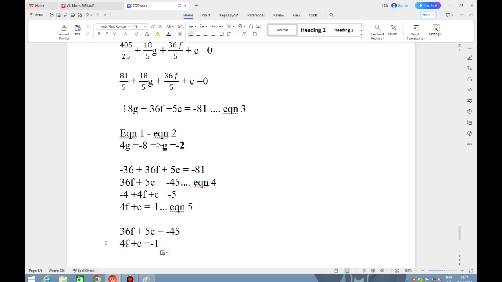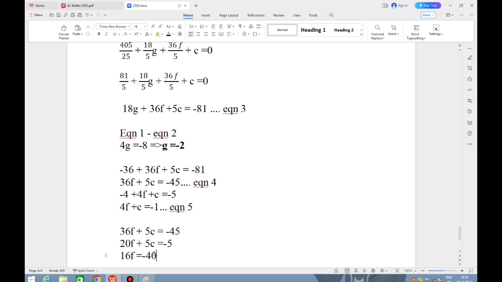That's going to give us 20F plus 5C is equal to minus 5. That's why I'm multiplying this, because I want to eliminate C. Then we subtract both equations. 36 minus 20 is equal to 16F, 5 minus 5 is equal to 0, and minus 45 minus minus 5 is equal to minus 40.